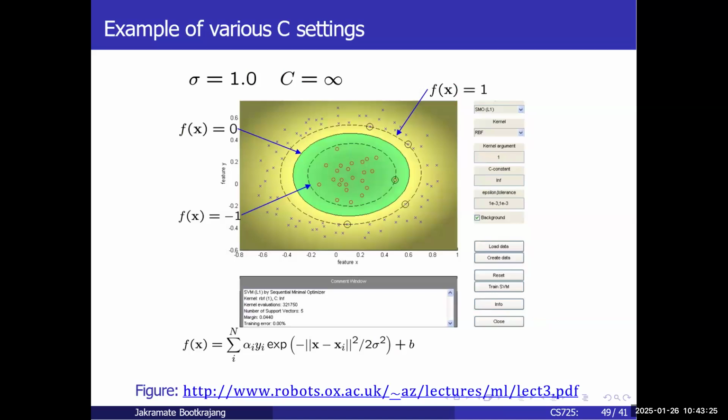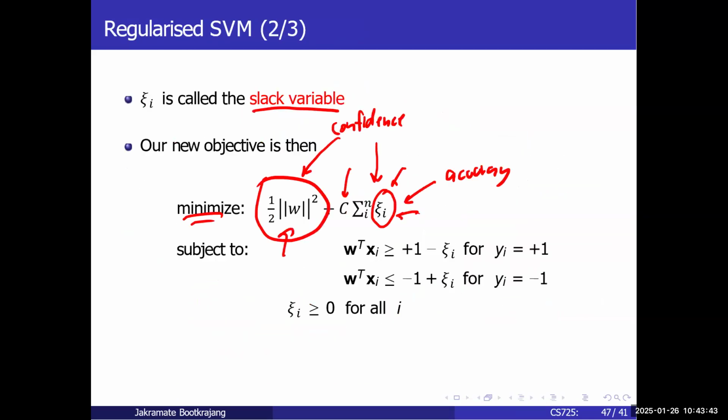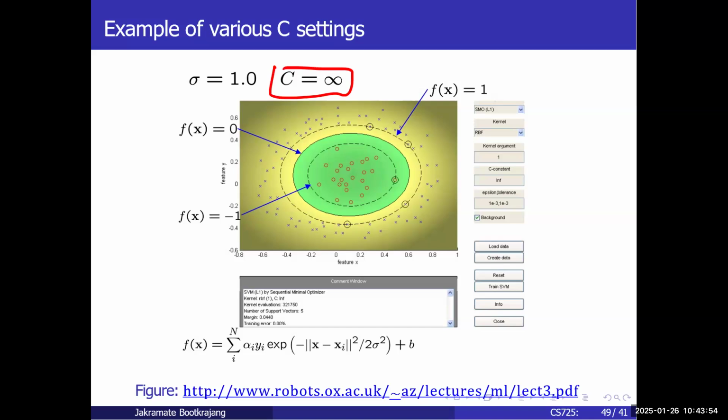So for example, if I pick C equal to infinity, what does C equal to infinity mean? If you go back here, it means that we only care about accuracy.